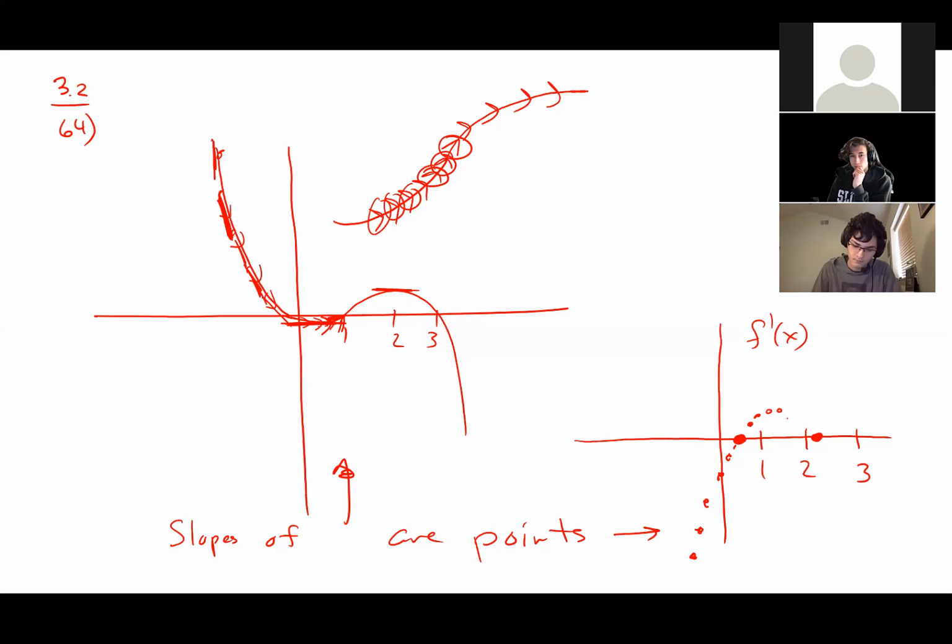So now it's coming down like this because it's less and less positive now. And we'll do some other ones here in just a bit, just to make sure we got it.